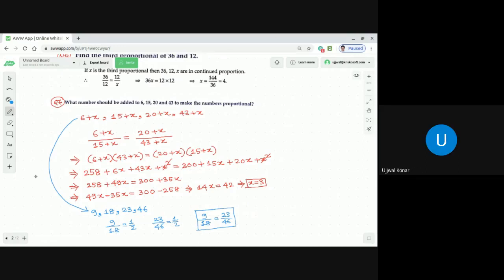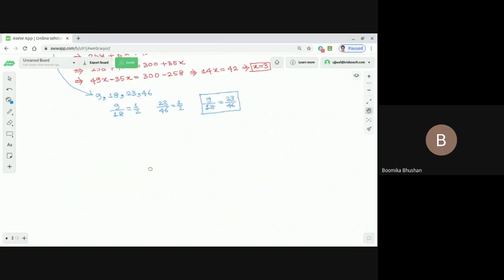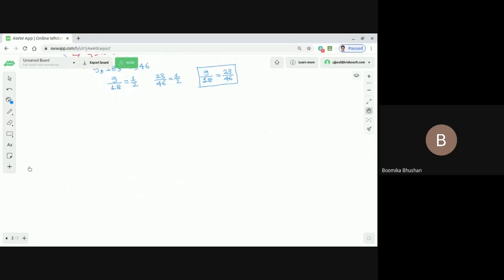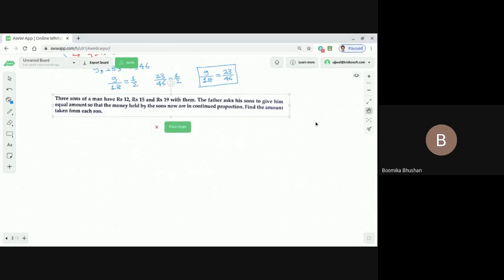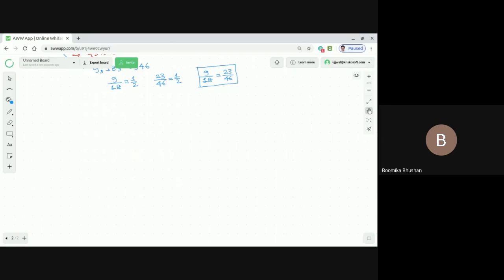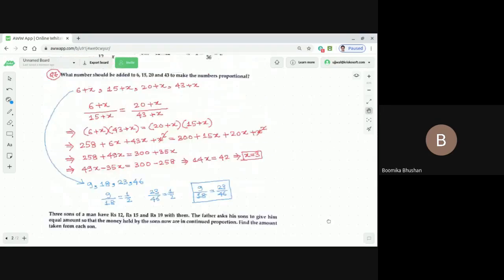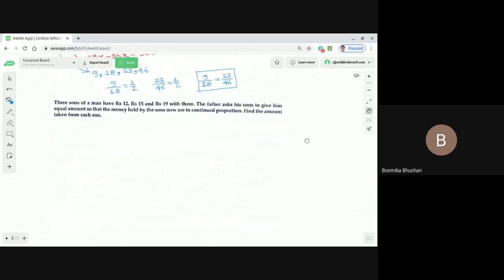So now let us solve another problem, which is also an application-oriented problem. I hope you are able to view the question properly.